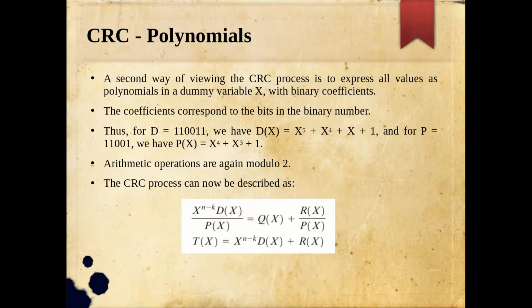So if you are given a pattern like x raised to 4 plus x cube plus 1, you can simply convert it: 1 1, x raised to 2 is missing, so 0, then 1 1 0, x raised to 1 is missing, again a 0, x raised to 0 is present, so 1, giving 1 1 0 0 1 1. Like that you can convert the polynomial back to binary. It is up to you.